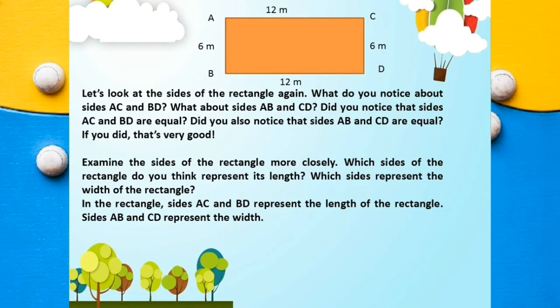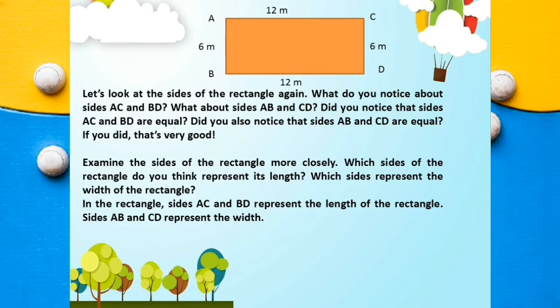Examine the sides of the rectangle more closely. Which sides of the rectangle do you think represent its length? Which sides represent the width of the rectangle? In the rectangle, sides AC and BD represent the lengths of the rectangle, and sides AB and CD represent the width. Okay?